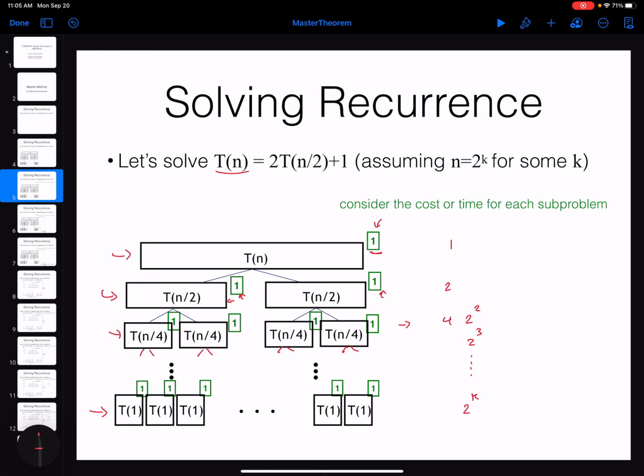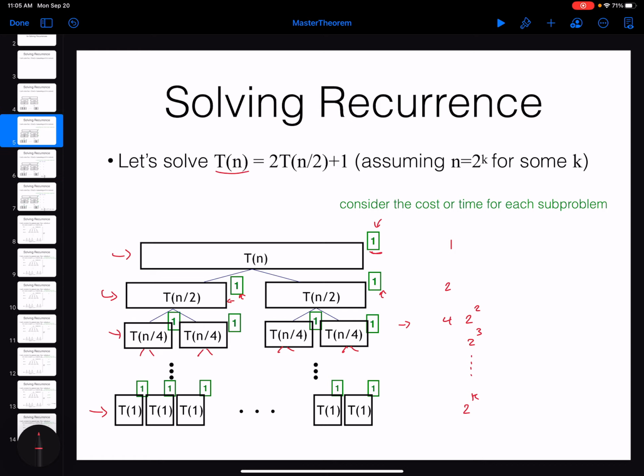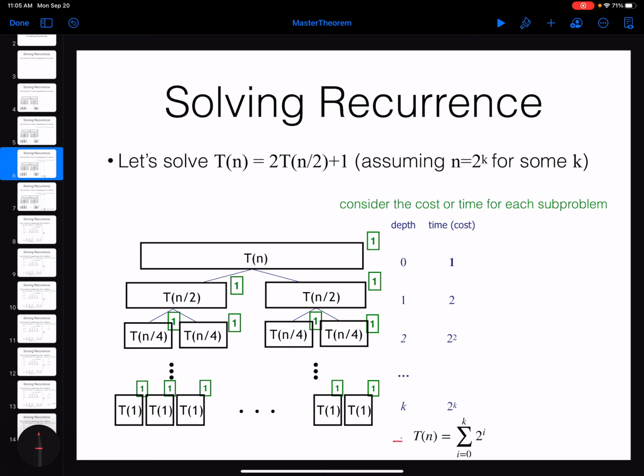So in total, the cost is going to be this summation, which you can write as the sum of 2 to the power of i. This is going to be a geometric summation, and the upper bound is k.